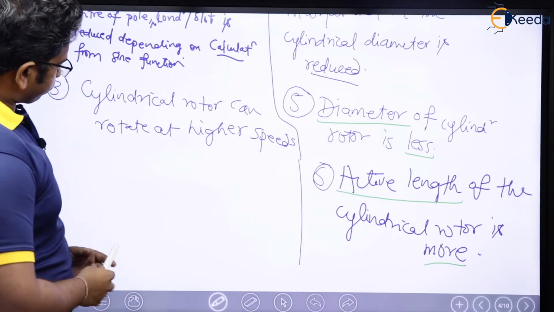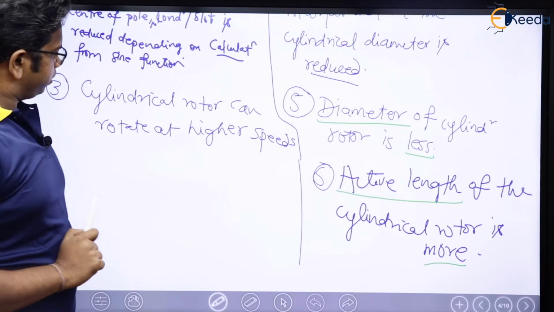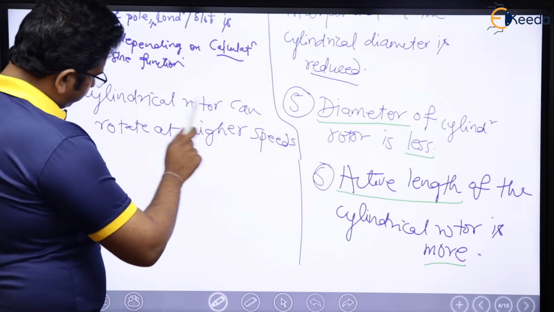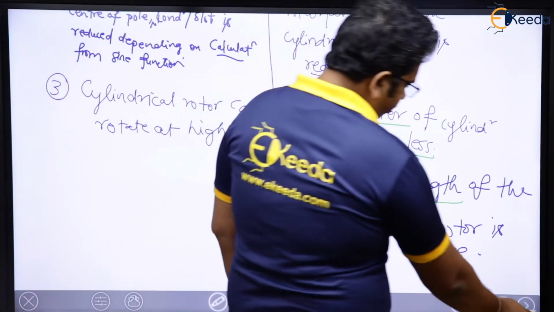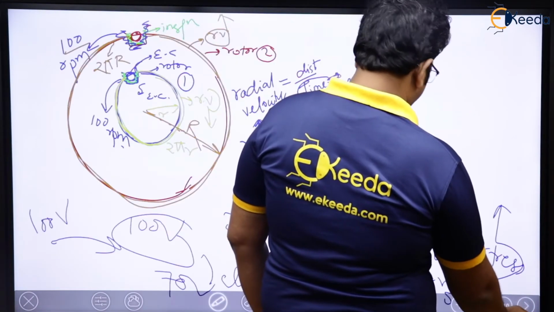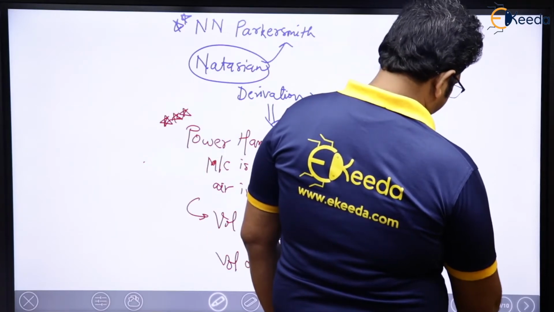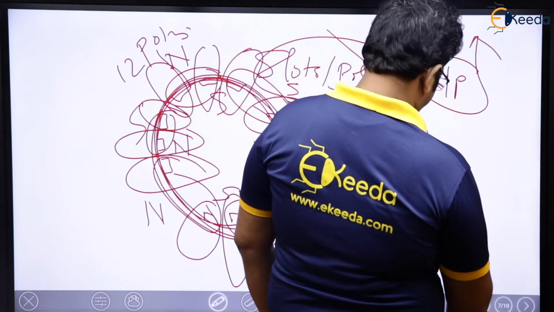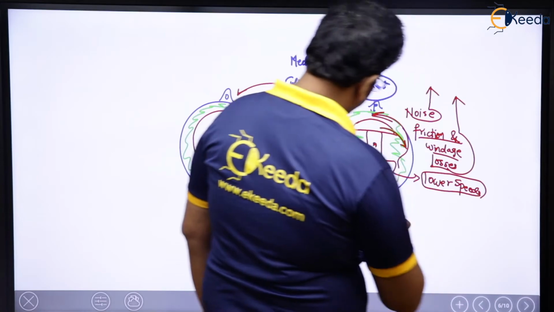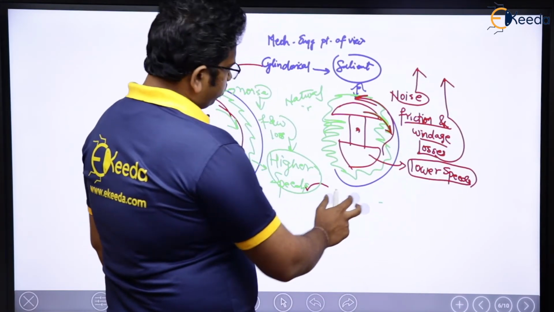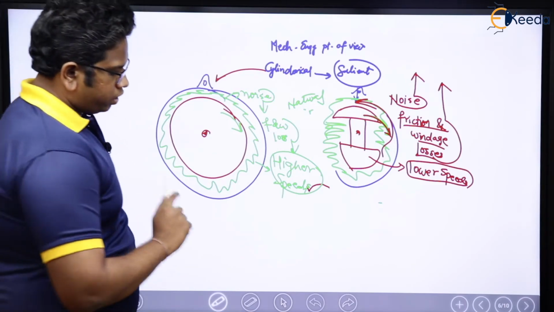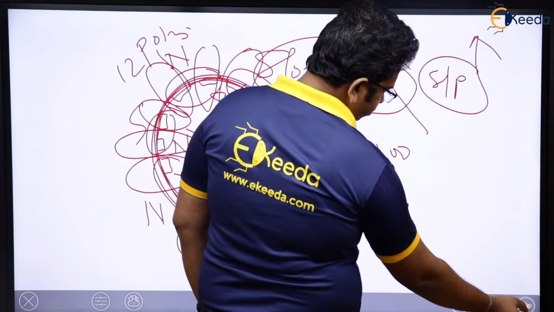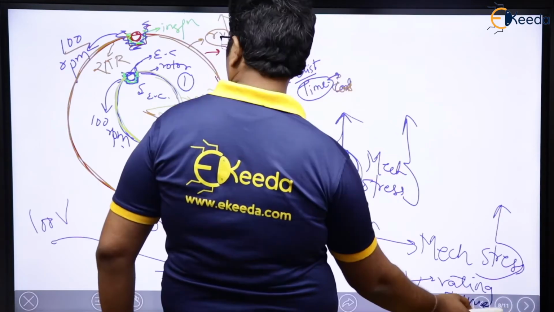Now, a student may ask me, sir, a cylindrical rotor can rotate at higher speeds, right? Sir, you were speaking about friction losses and noise and all, right? Just tell me one thing.